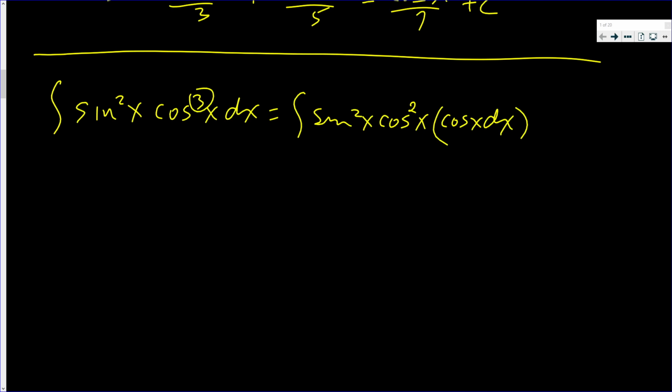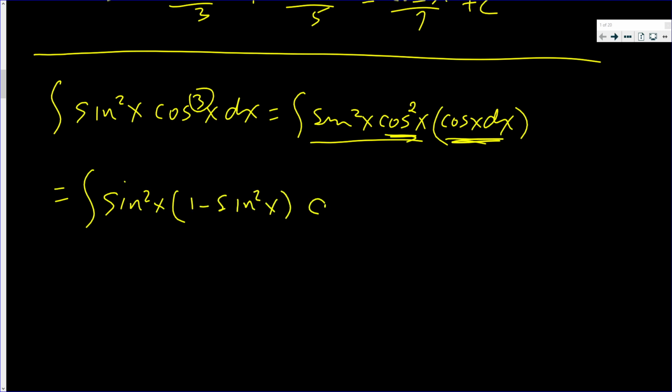And I want to write everything else as u to powers, or sine x to powers, because if u is sine x, there's my du. So I need to write cosine squared as 1 minus sine squared x, times cosine x dx.